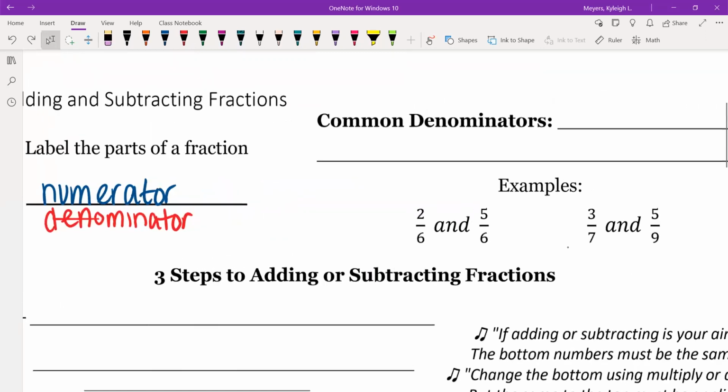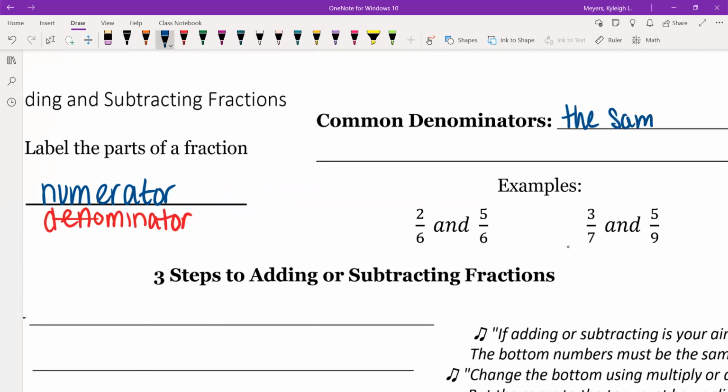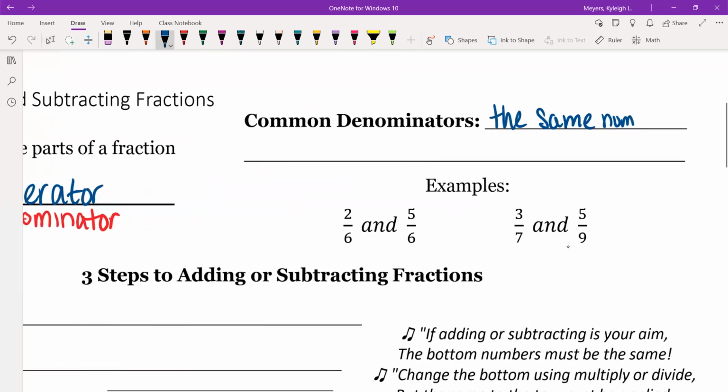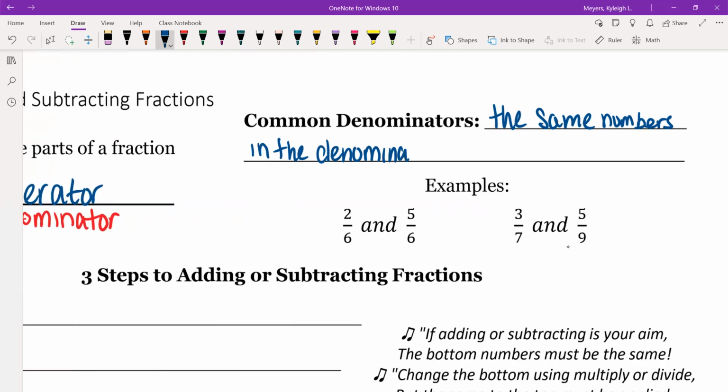So what that really means is that we need the same numbers in the denominators. And if they're not, then we need to change them.